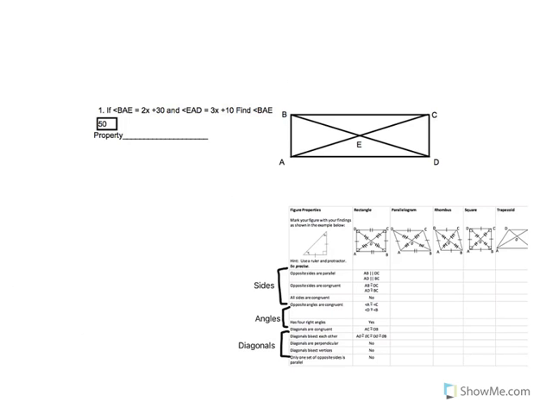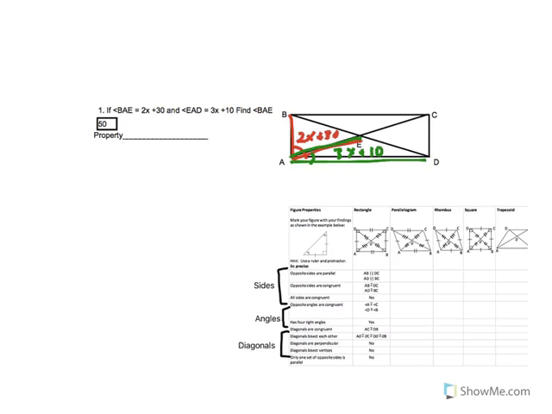We're given this sample problem here. It says angle BAE, so it's going to be this one here, is 2x plus 30. And angle EAD is this angle here, and that is 3x plus 10.